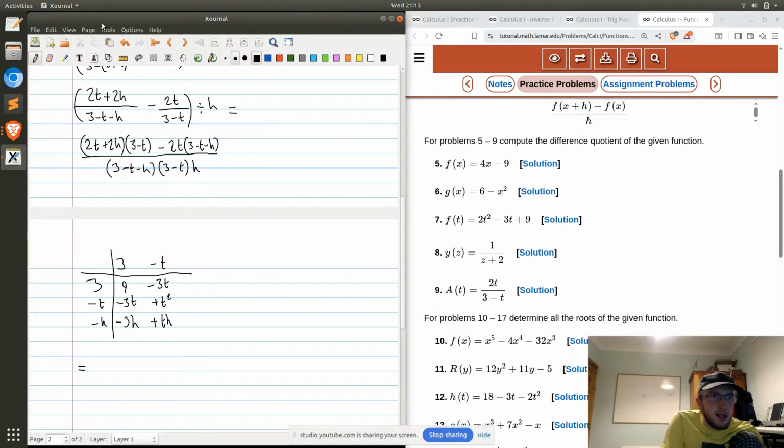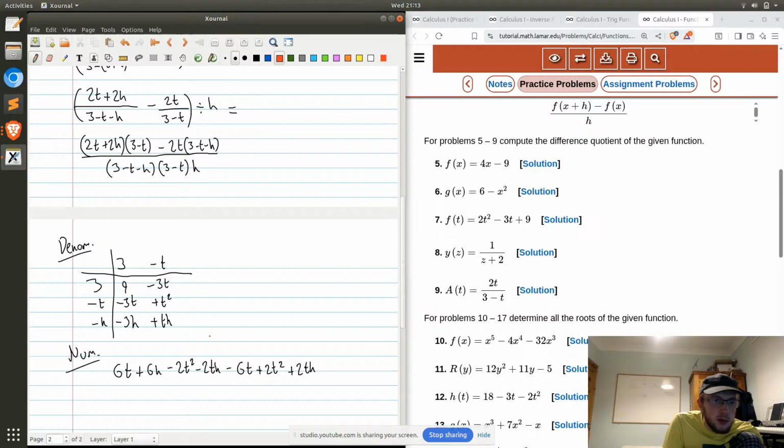But anyway, we're now going to get the numerator. Okay, so that'll be 6t plus 6h, take 2t squared, take 2th, minus 6t plus 2t squared plus 2th.